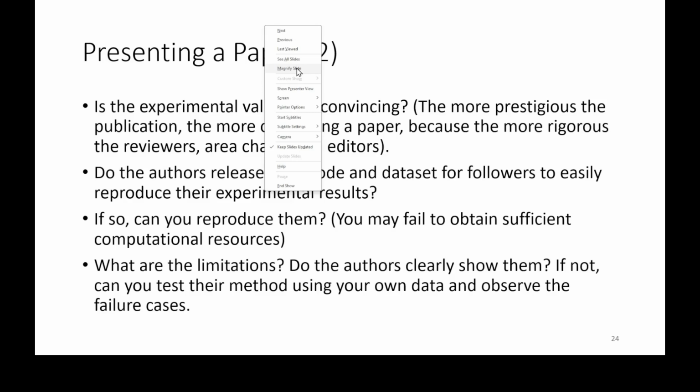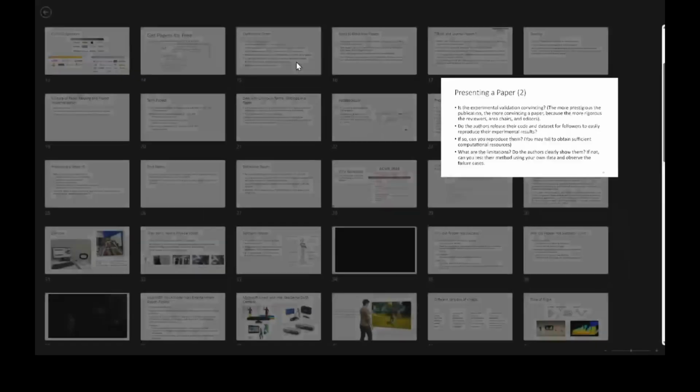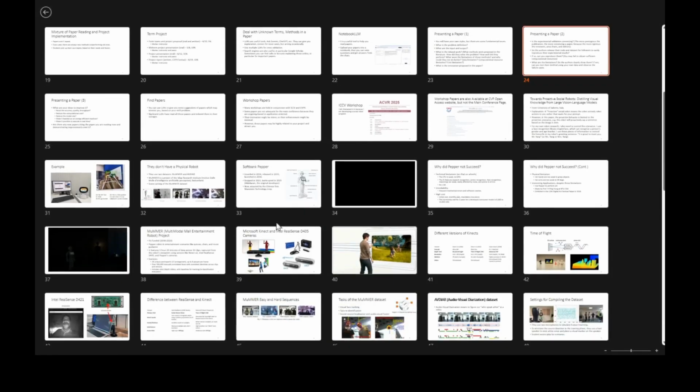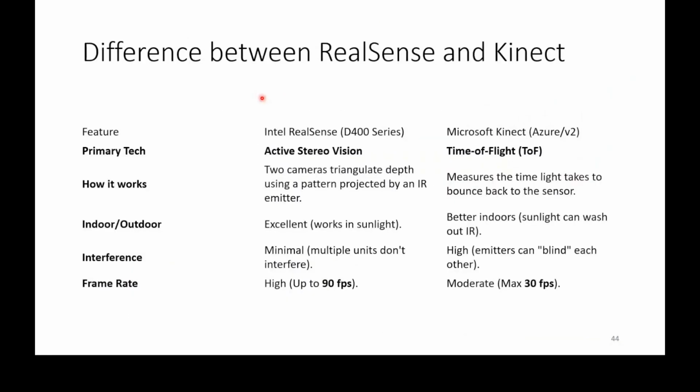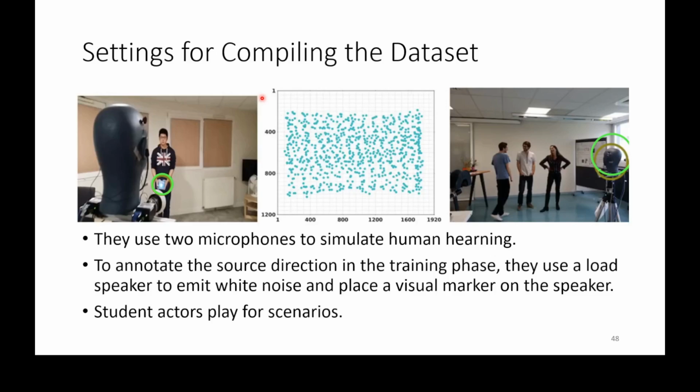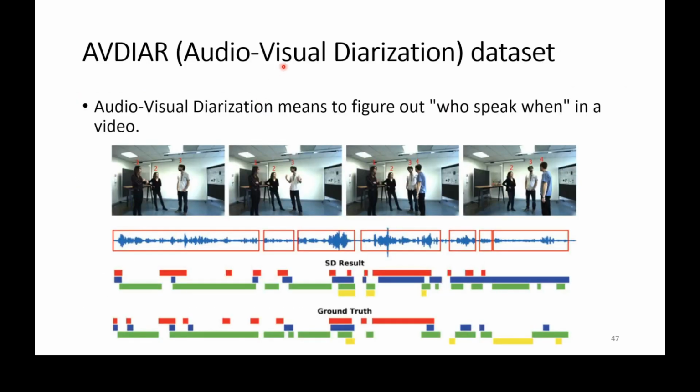Let's go back to the slide first. This is the Moomer, right? And they only use the video part. However, you need to find data sets that are designed for this. This data is not designed for robotic interaction, because this data set is designed for audio-visual diarization.